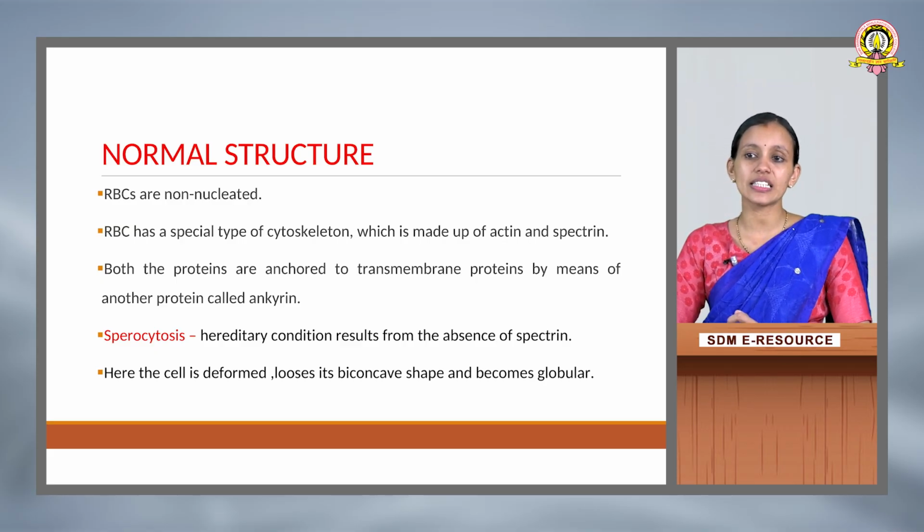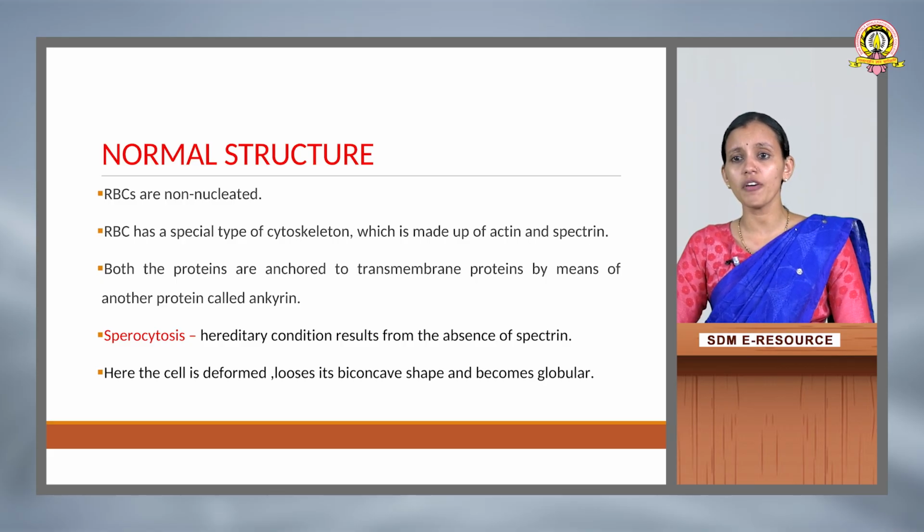Here the cell is deformed, loses its biconcave shape and becomes globular in nature. That is the abnormality of the normal shape of the RBC.